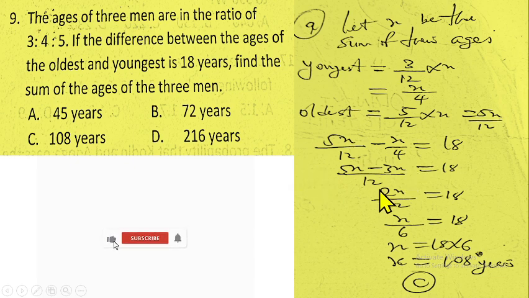Then 5x minus 3x gives us 2x over 12 equals 18. From there 2 can go in 12, that gives us 6. So we have x over 6 equals 18. If you cross multiply, we have x equals 18 times 6. So x will be equal to 108 years. So the sum of their ages is 108 years. So option C is the correct option for question number 9.